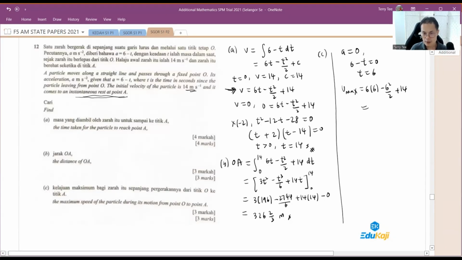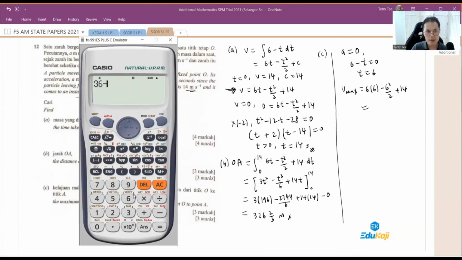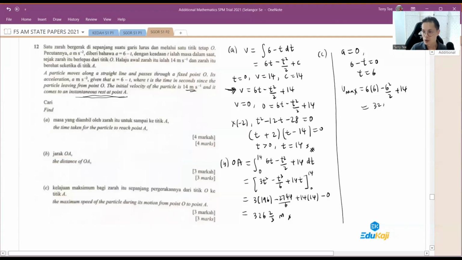Okay, use your calculator. 6 squared, 36. This is 36 over 2. You can just write 18. And then you plus 14. My answer is 32 meters per second. Well, that's your maximum speed.